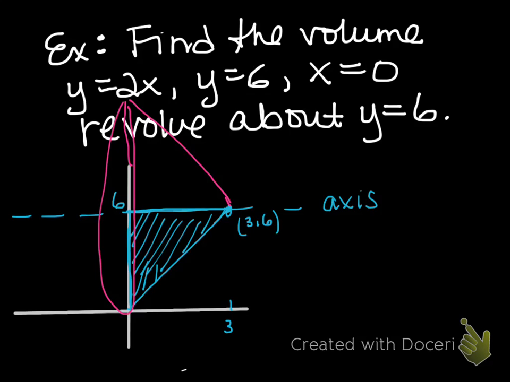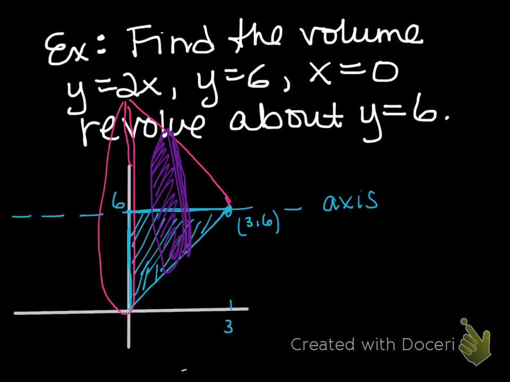So I'm going to go ahead and sketch in a cross section. My cross sections again will be a disc. So there's my cross section. Give it a little bit of thickness.